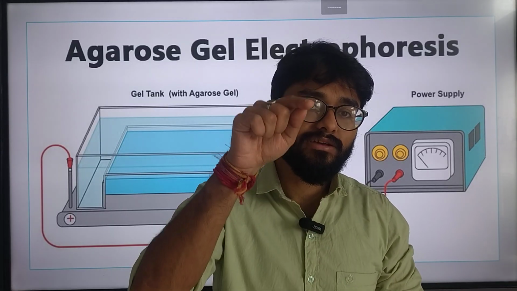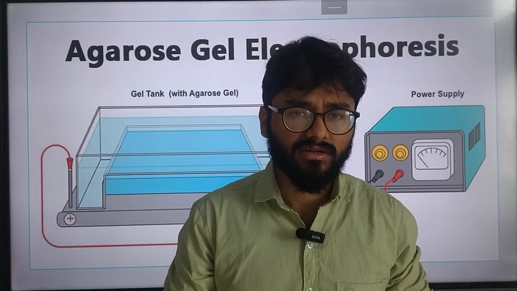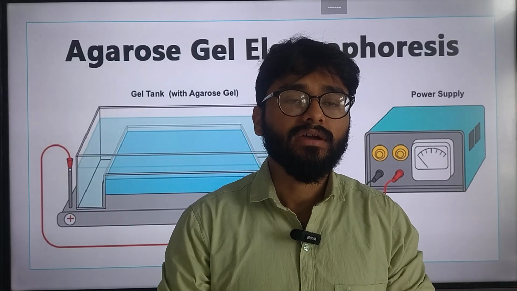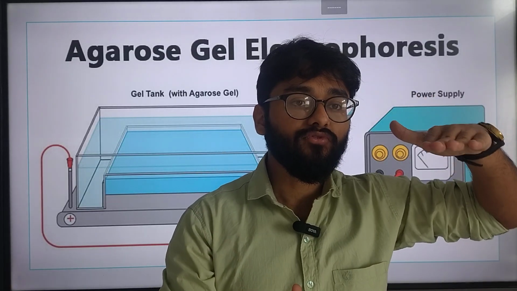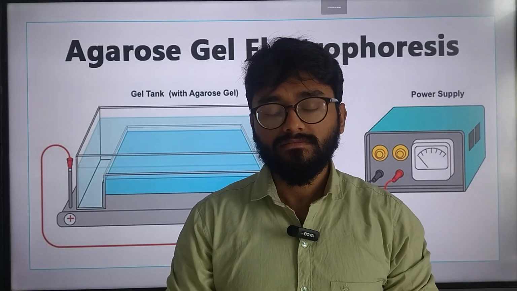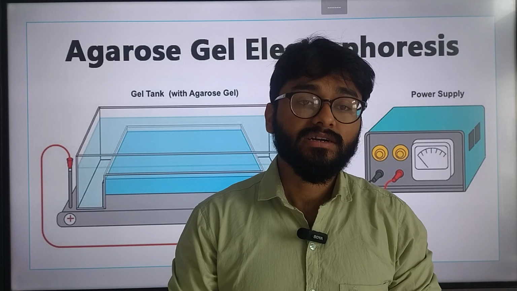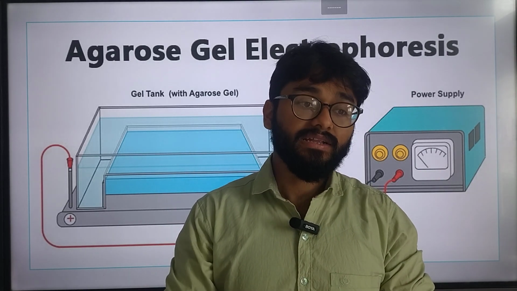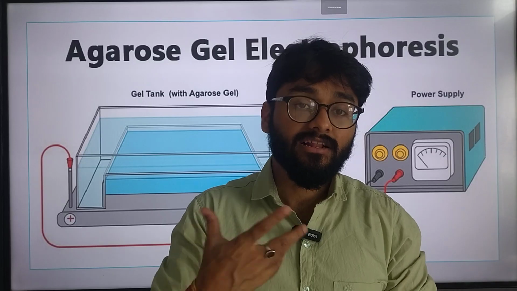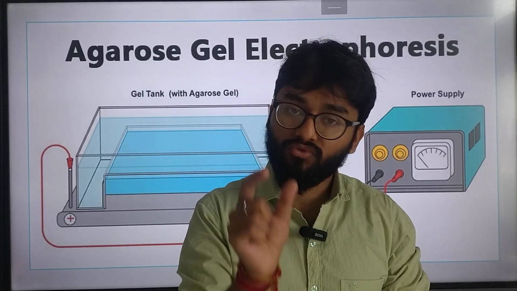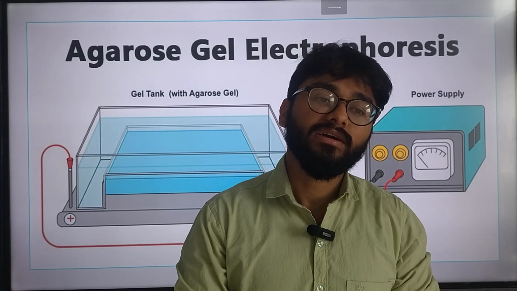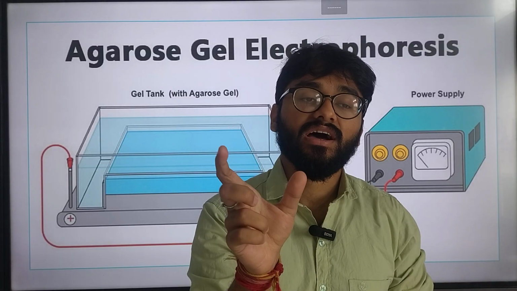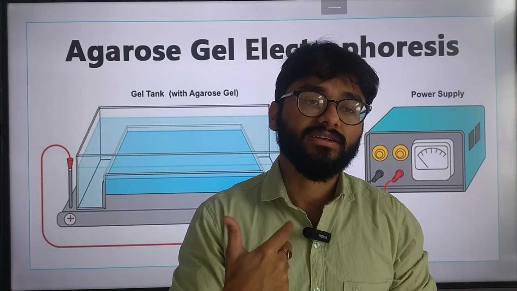Based on this mobility after a certain amount of time has passed, we get a very distinctive band pattern. This band pattern helps us understand the size of the segments of the DNA that you have taken.